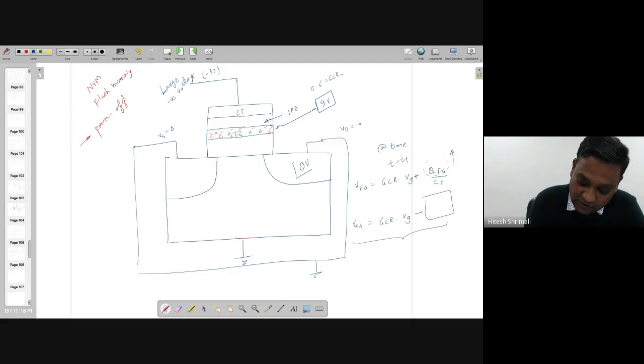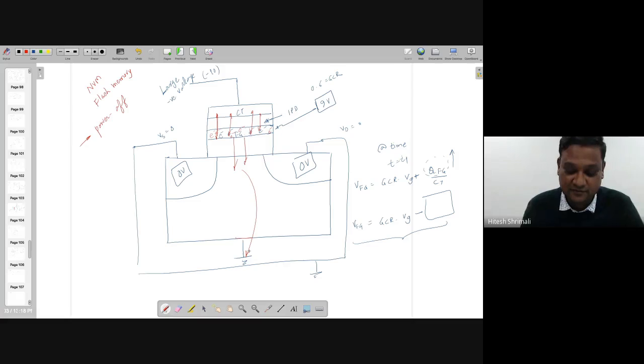So 0 volt, 0 volt, and 0 volt. Because of this, these will be attracted, and they will be absorbed in ground, right?